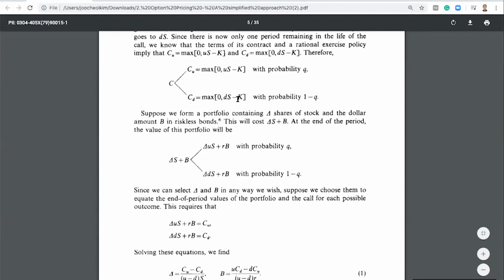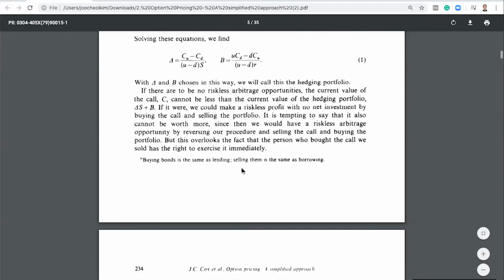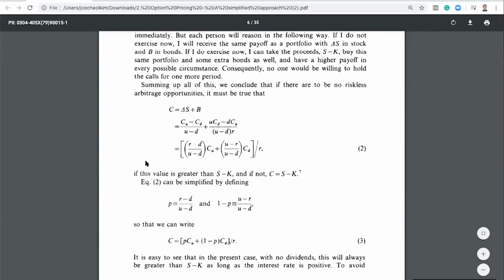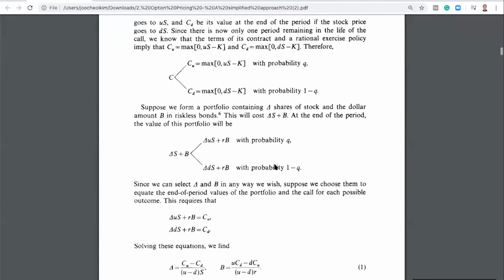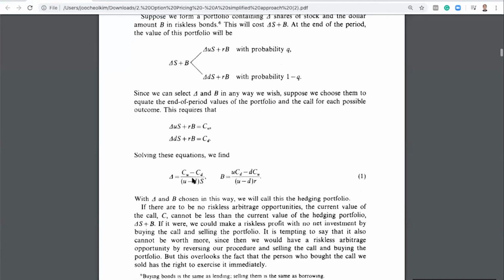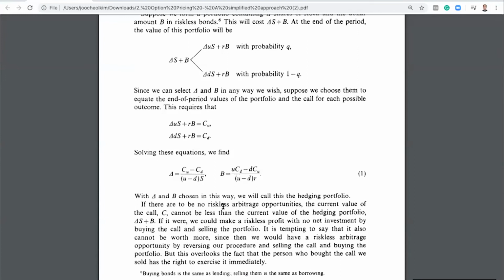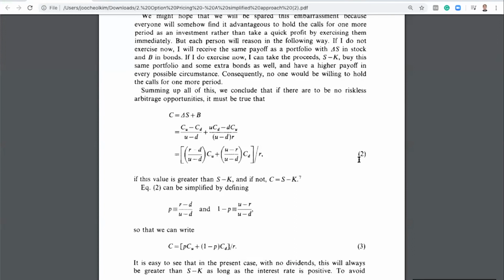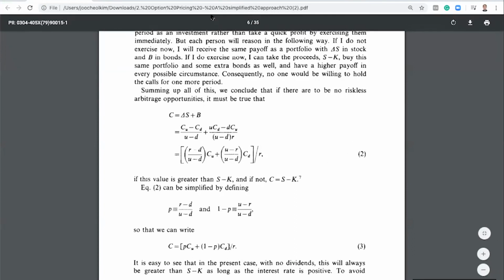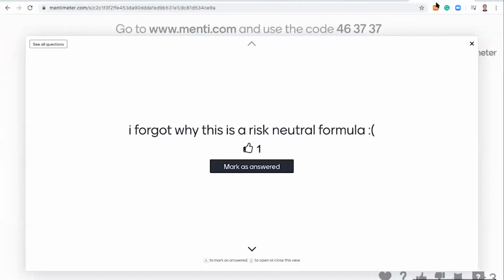So I already finished up to here, because now you can see all the diagrams, and it's just what I have explained to you. So we are up to here, but I'm gonna answer your questions.